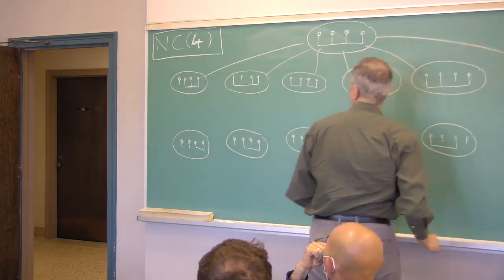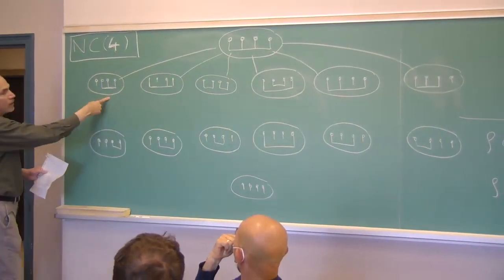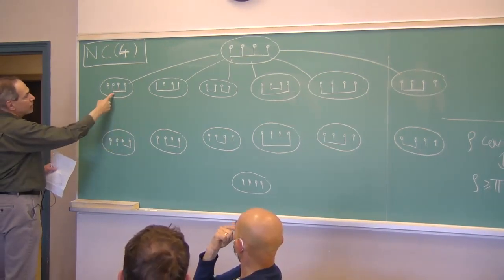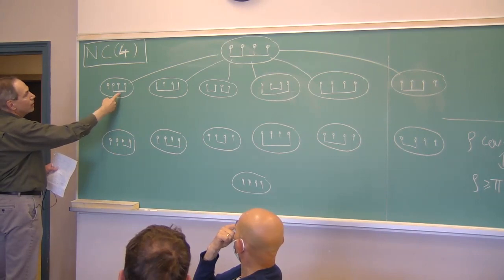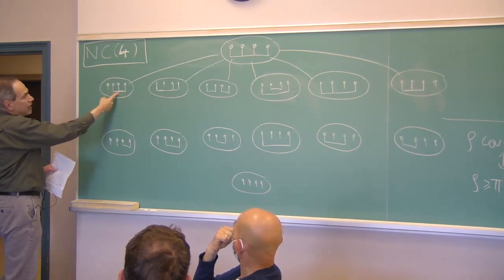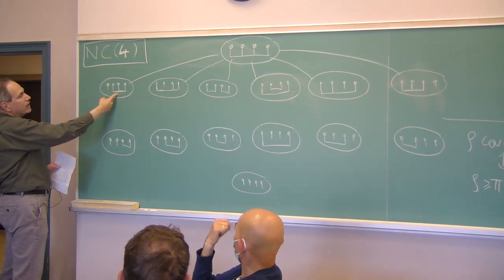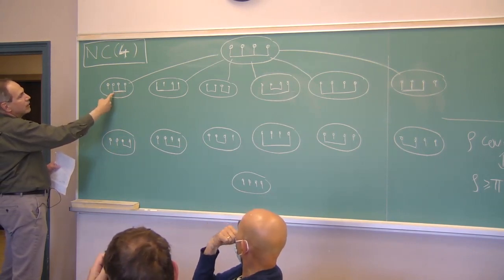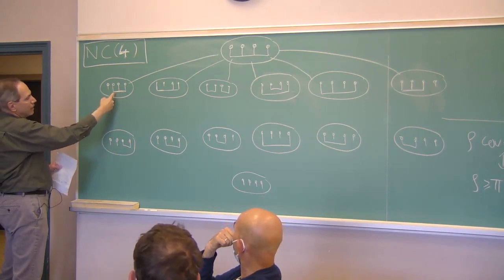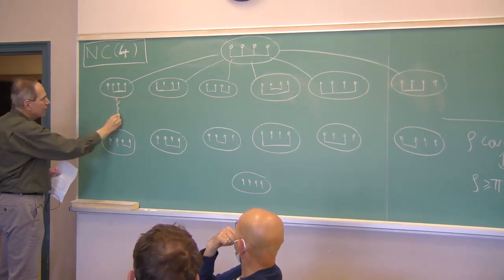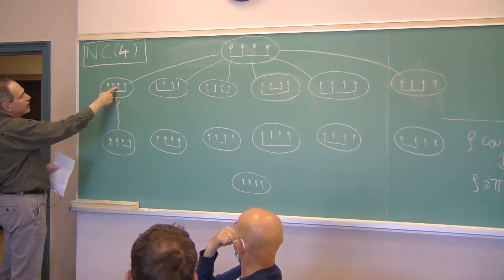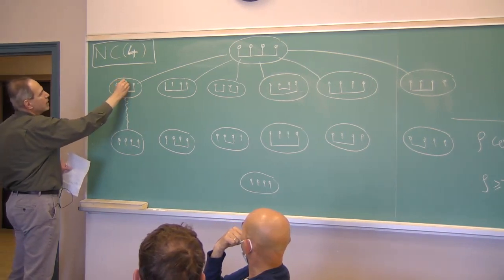Okay. And now let's see, for instance, this one. What would be the edges which go from here to the next level? So this is the rho, you must break one of the blocks, but clearly this one is the one which can be broken, and it can be broken 1 plus 2 in three ways. So either separate the 1, or separate the 2, and then separate the second element of the block, which is the number 3 actually.